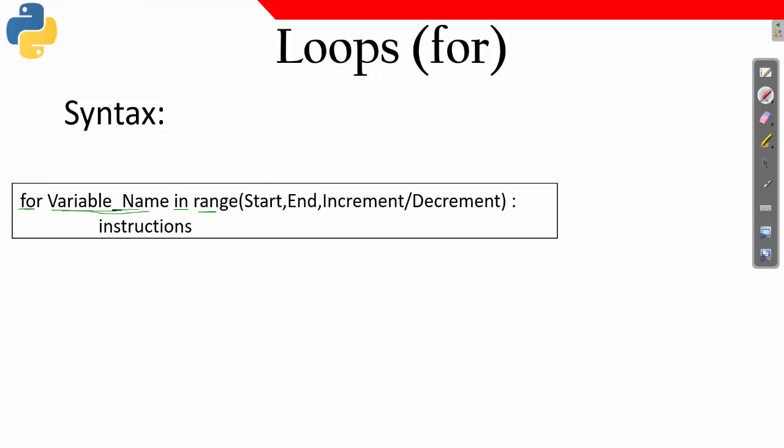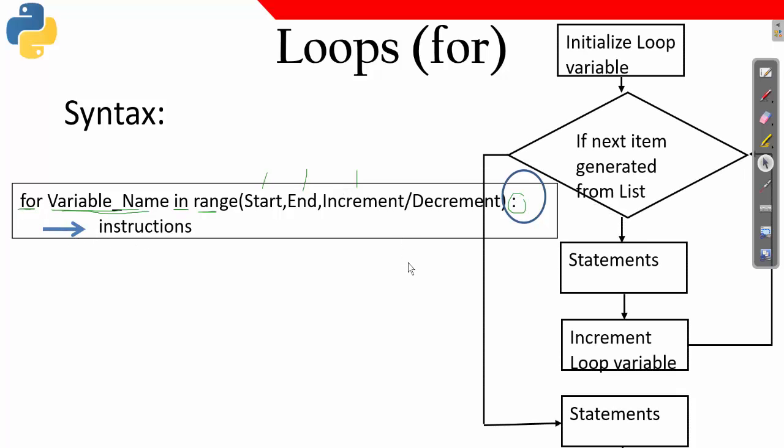In this range, I'll be having a starting value, an ending value, and an increment or decrement. Then I'll be having the colon, and then the set of statements which is properly indented. The looping structure will be something like this.